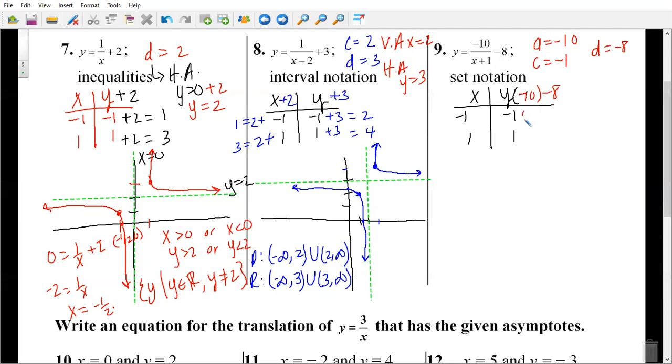So to each Y value, we multiply by -10, subtract 8. That gives us 10 minus 8 is 2. That gives us -10 minus 8, which is -18. To our X values, we're subtracting 1. So -1, -1 puts us at -2 and 0.